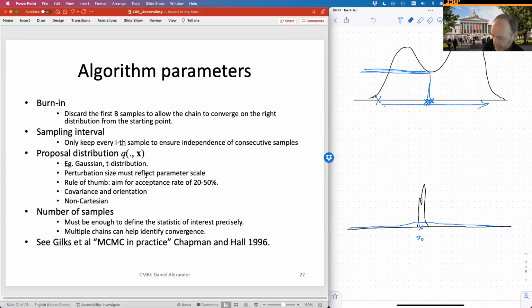Probably not. We're likely to be anywhere under this big proposal distribution, more likely to land out here somewhere in the wilderness than we are in the action part of the distribution. So the vast majority of the candidate positions we get give us a zero likelihood ratio, so they're not accepted.